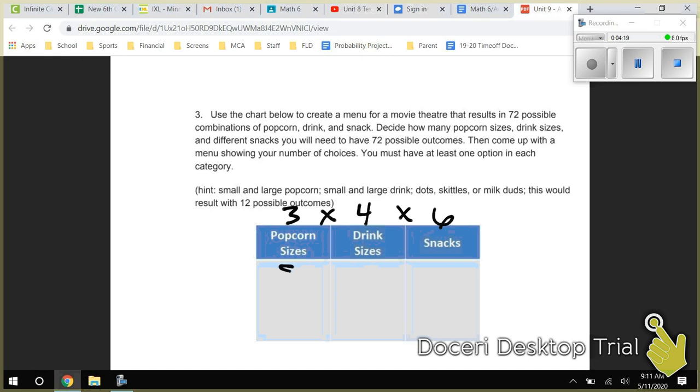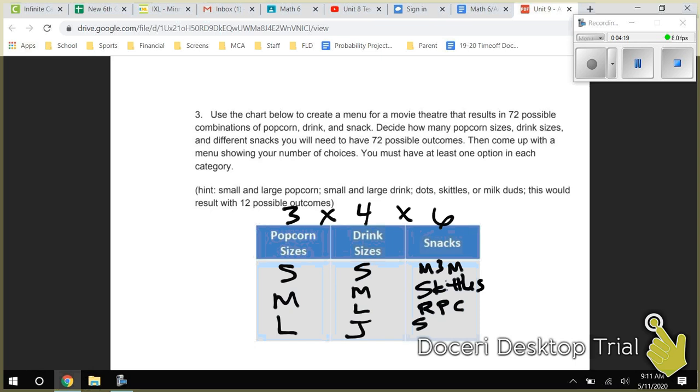We could say small, medium, and large popcorn. We could say small, medium, large, and we can call that jumbo for drinks. And then snacks, we could say we have M&M's. Let's say we have Skittles. Let's say we have Reese's peanut butter cups.